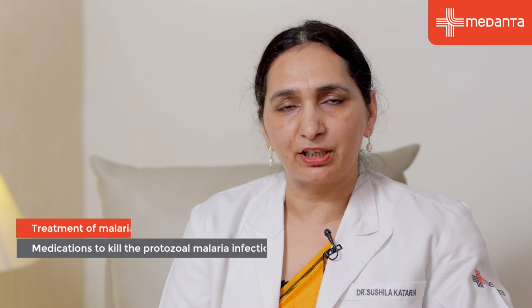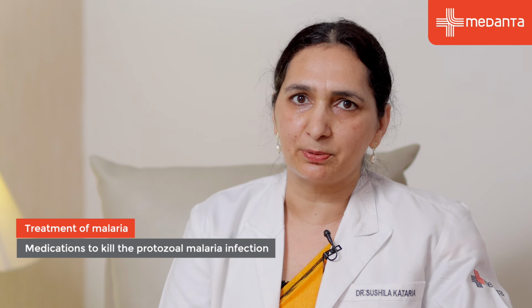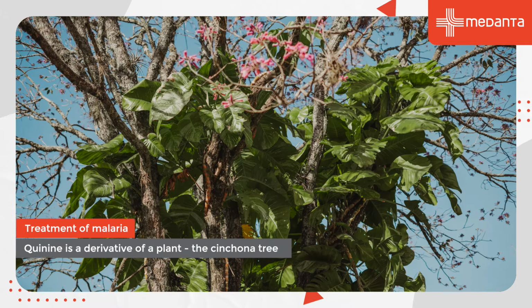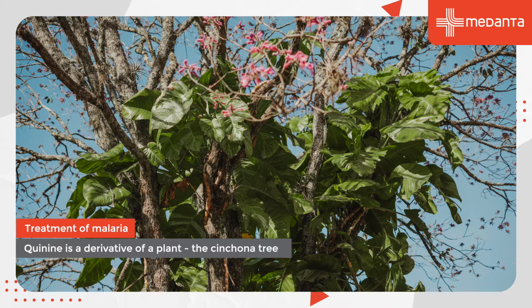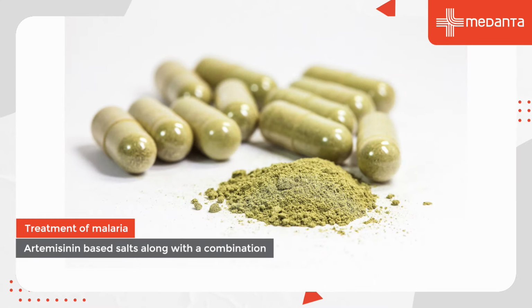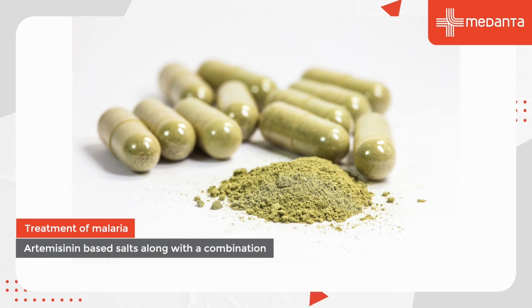It's a protozoal infection, so you need medications to kill that protozoa. The one revolutionary medicine which came in history and was first used was quinine, which was actually a derivative of a plant, the cinchona tree, and then it was found to be life-saving in so many cases. Now there are more and more drugs available for treatment of malaria, like chloroquine and then artemisinin-based salts along with a combination.